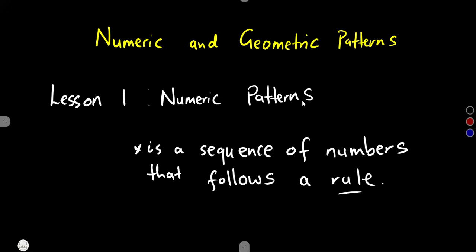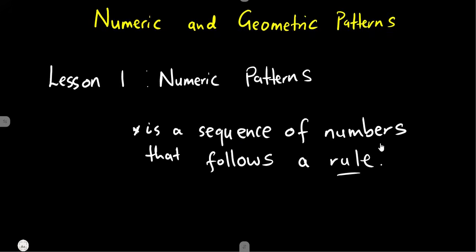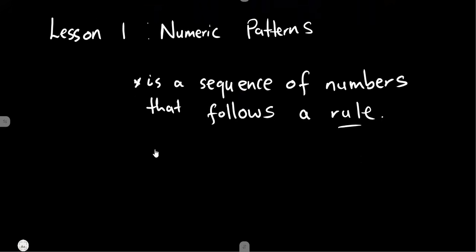Under our numeric patterns, we are given numbers forming a pattern or a sequence, which we are supposed to tell whether there is a common difference, a common ratio, or what. Any sequence you're given can involve addition, subtraction, multiplication, or division.